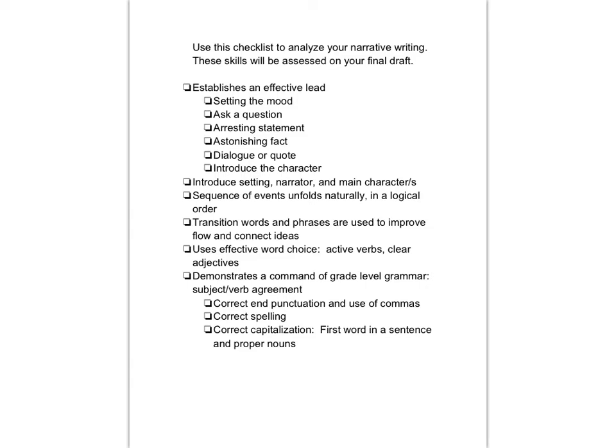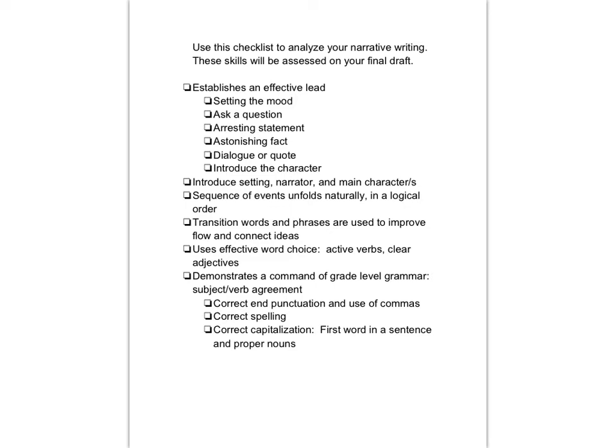So you'll notice I have 6 different major bullets with some bullets set within. So the first big thing that I'm going to be looking for in your writing is, did you establish an effective lead? And you'll see there are 6 types of leads. So what you would want to do is check off the type of lead that you felt that you used. Secondly, have you introduced the setting?